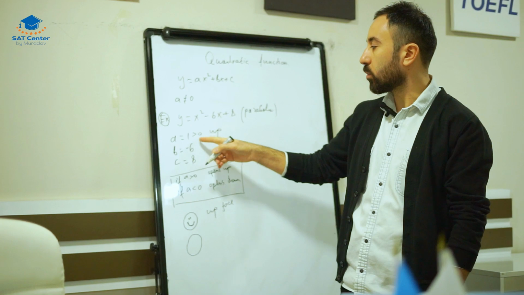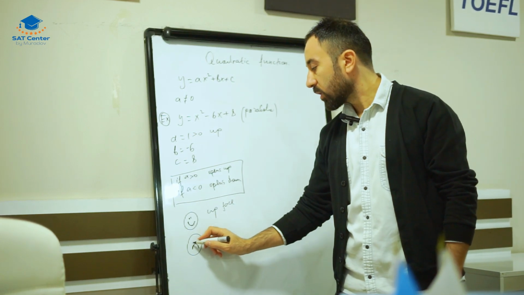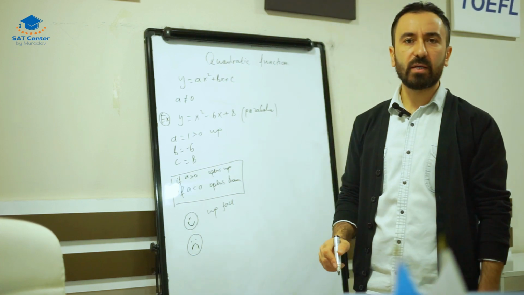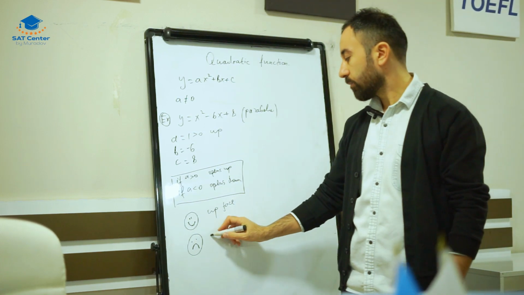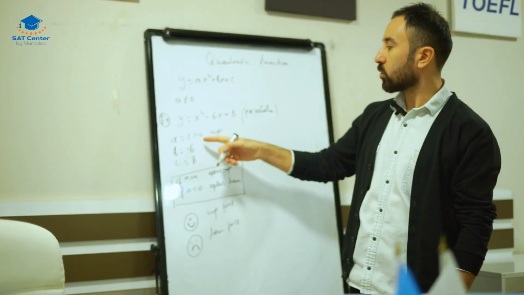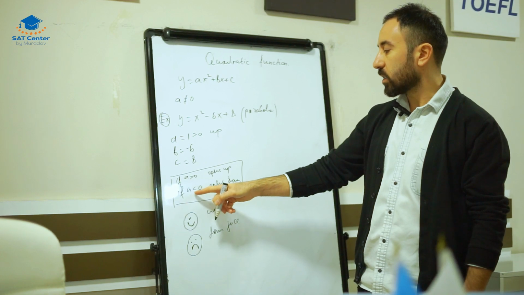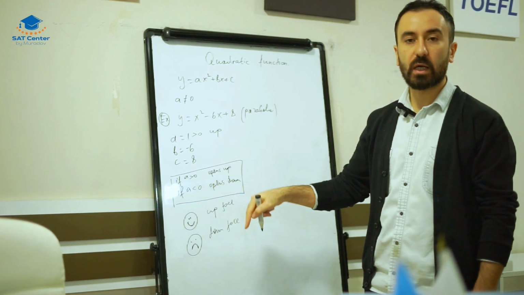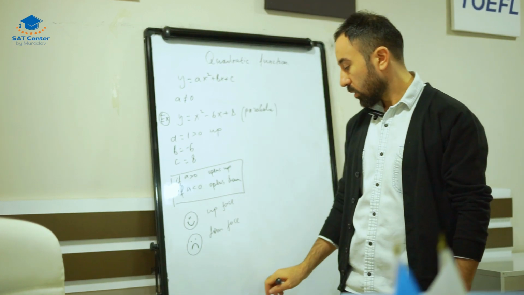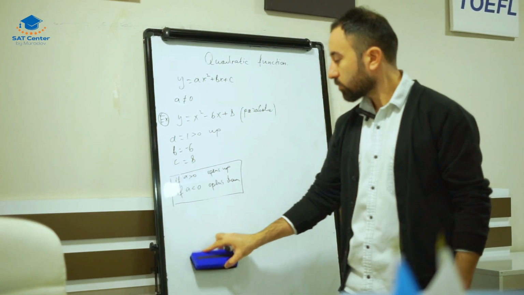Here also up parabola is positive A parabola. This is negative face. Negative face is sad face. It's down face. Down face is negative face. In this one also, if A is less than 0, if A is negative number, it opens down. Don't forget this rule. Let me erase it for enough space.